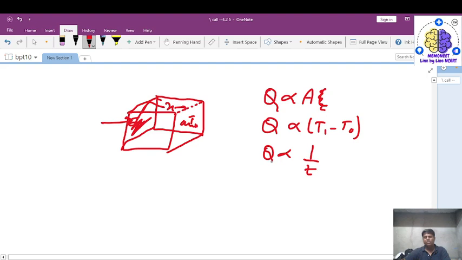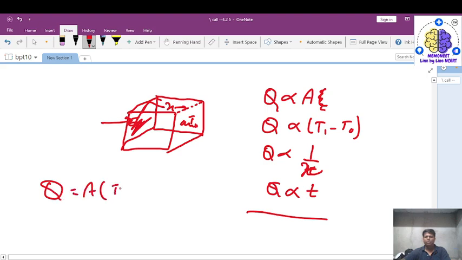And this Q will be directly proportional to the time. Directly, the more the time, the more the heat supplied. Combining this, we get Q equals A into T1 minus T naught into t upon x, right?